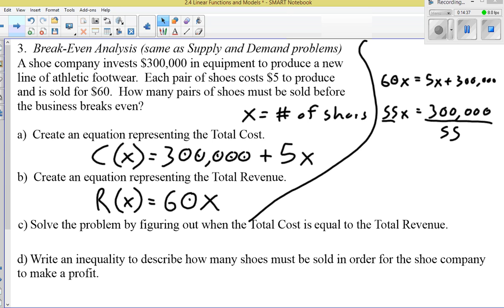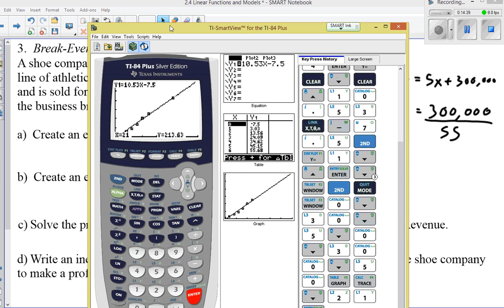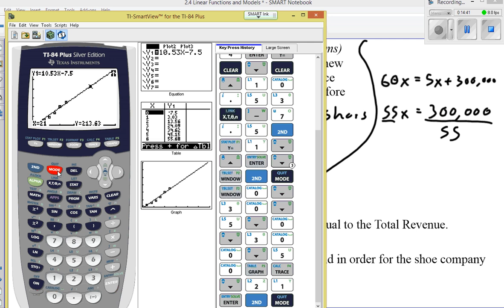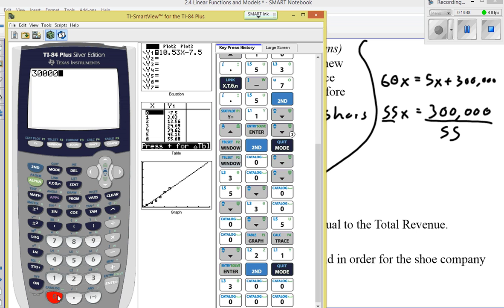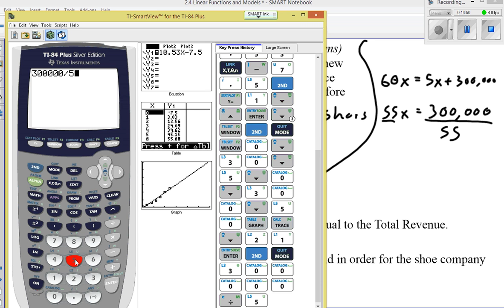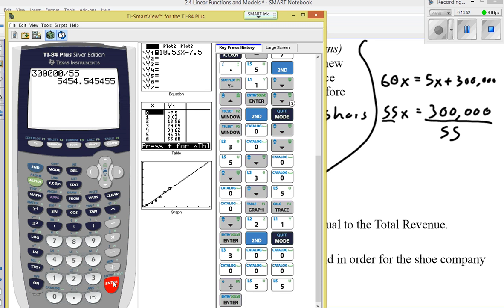I can get my calculator out and do 300,000 divided by 55, and I see that I'm going to need 54.54 repeating shoes until I break even.